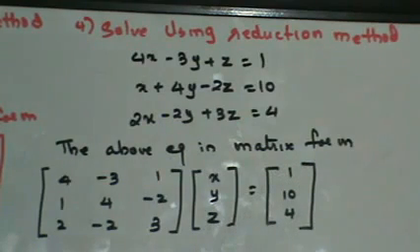Fine. So I have the equation now in matrix form. Once you have this, I need the number in the first position as 1.